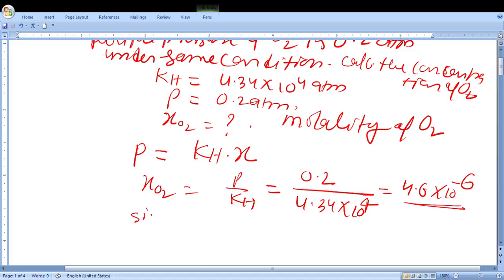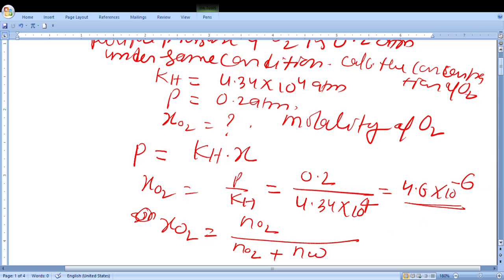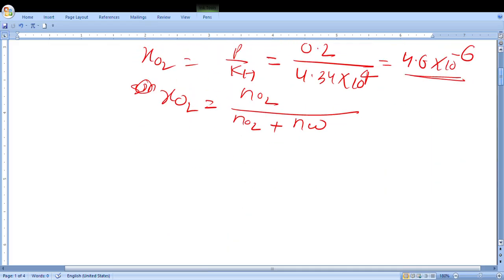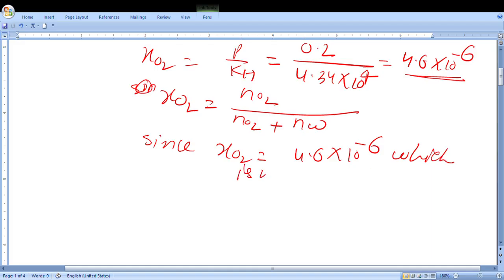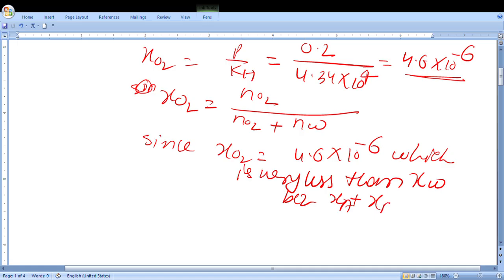So we have formula, mole fraction is equal to moles of oxygen upon moles of oxygen plus moles of water. Since mole fraction of oxygen is 4.6 into 10 to the power minus 6, which is very less than mole fraction of water, because XA plus XB is equal to 1.